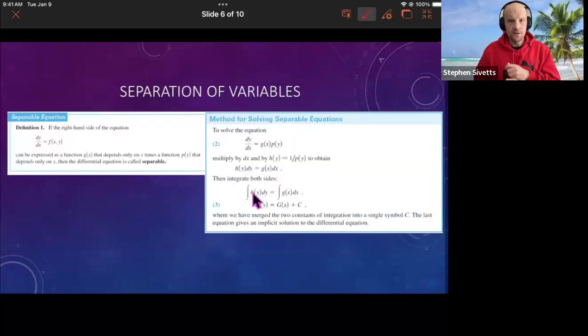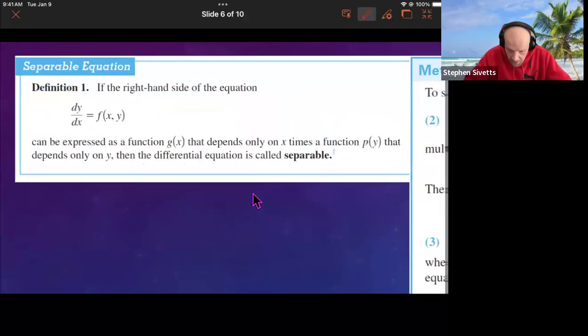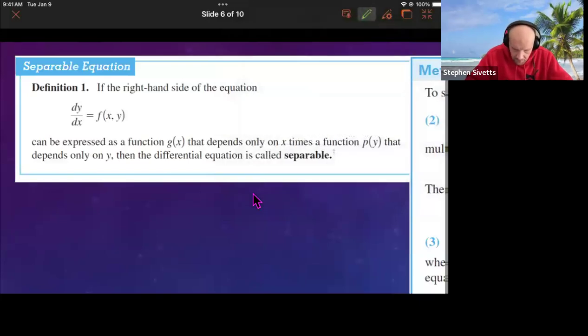All right. So let's do an overview of what separation of variables is. Okay, so this algorithm, or procedure. If you have the right-hand side of a differential equation, dy dx equals a function of x and y, and this function can be expressed as a product of a function in x and a function of y, then you can classify that differential equation as separable.